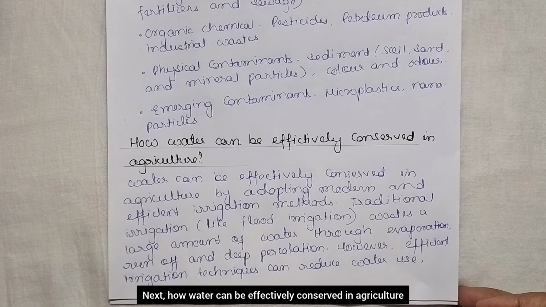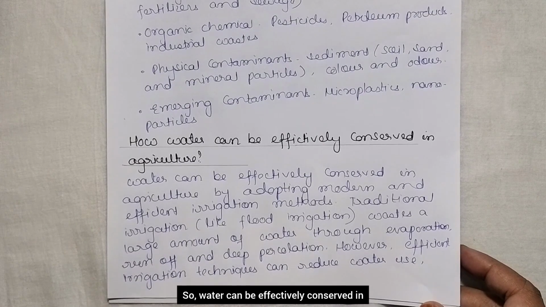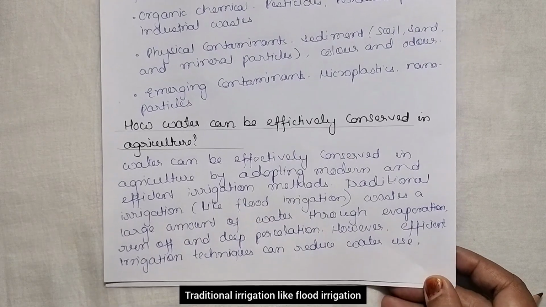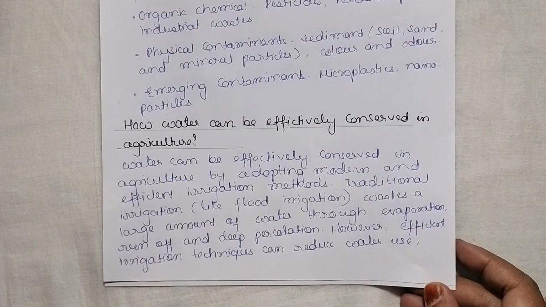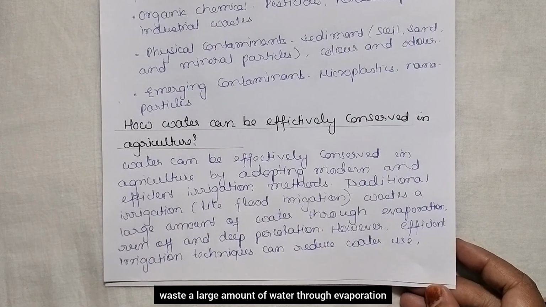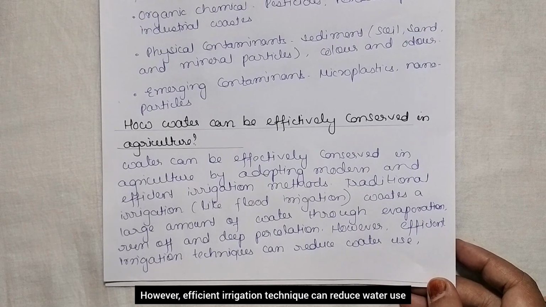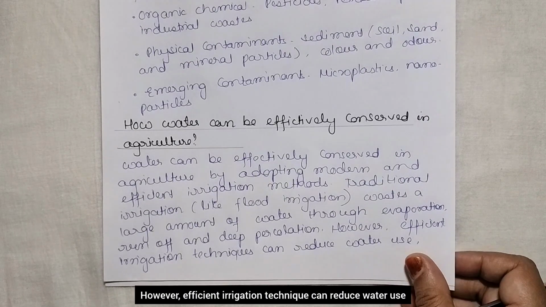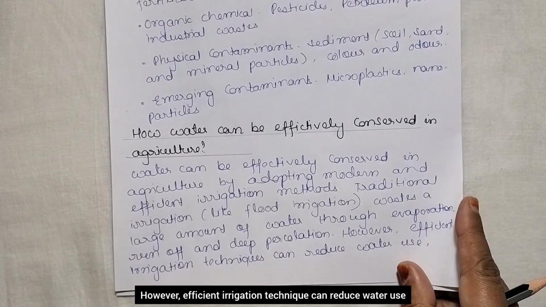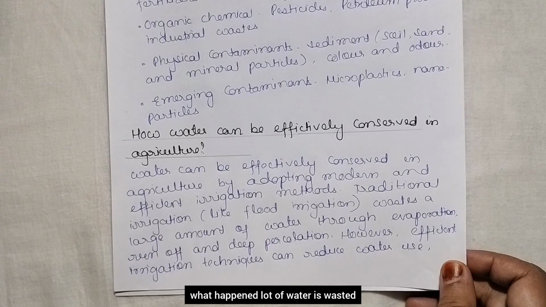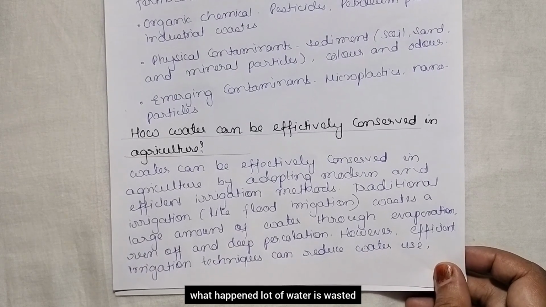Next, how can water be effectively conserved in agriculture? Water can be effectively conserved in agriculture by adopting modern and efficient irrigation methods. Traditional irrigation like flood irrigation wastes a large amount of water through evaporation, runoff and deep percolation. Earlier, with traditional irrigation, a lot of water was wasted.